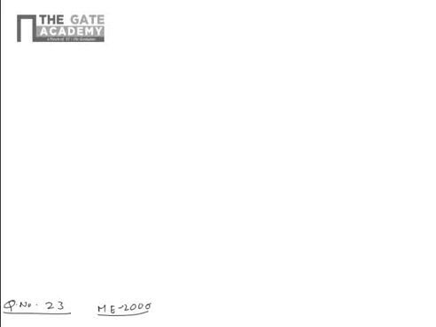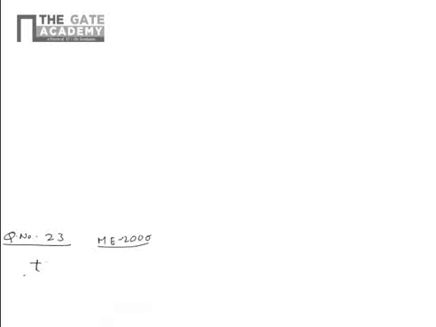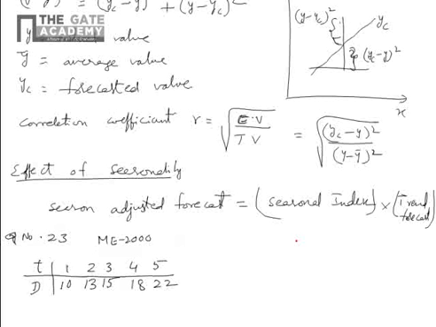He has given the time series forecast of the demand for time periods. So time period t is 1, 2, 3, 4, 5 and demand is 10, 13, 15, 18, 22. He has given the forecast equation f equal to 6.9 plus 2.9 t.